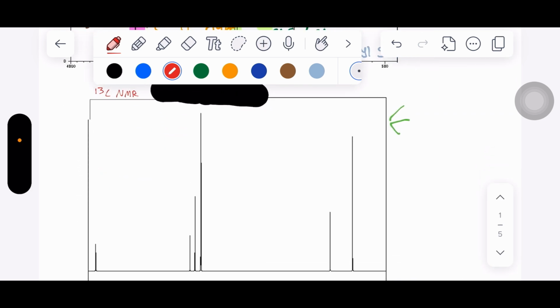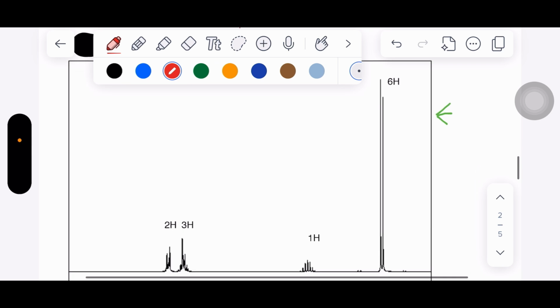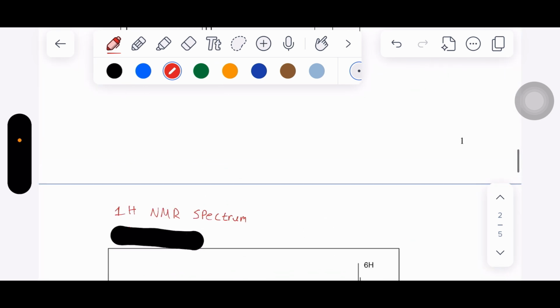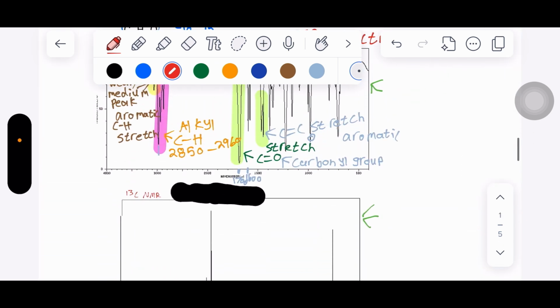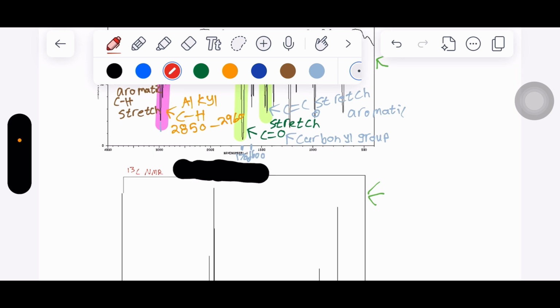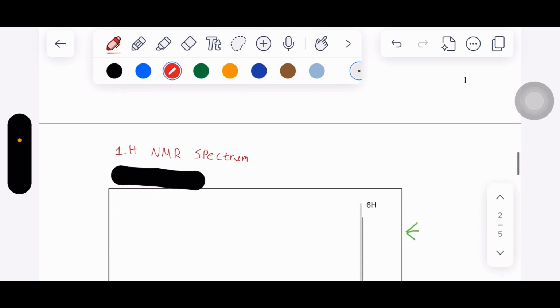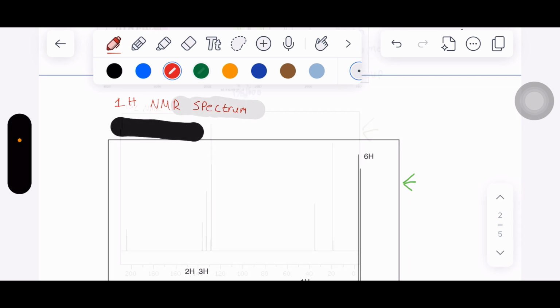Next was supposed to be the carbon-13 spectrum, and lastly was the proton NMR. Again, I want to repeat that: the first is the infrared spectrum, the IR, then the carbon-13, and lastly the proton NMR.